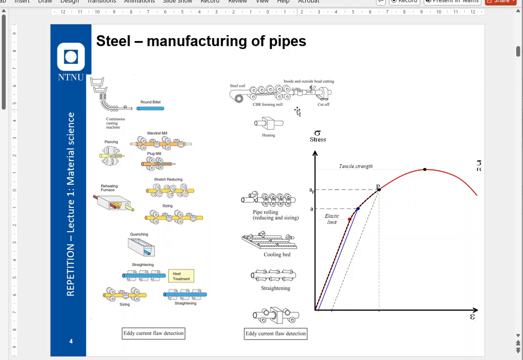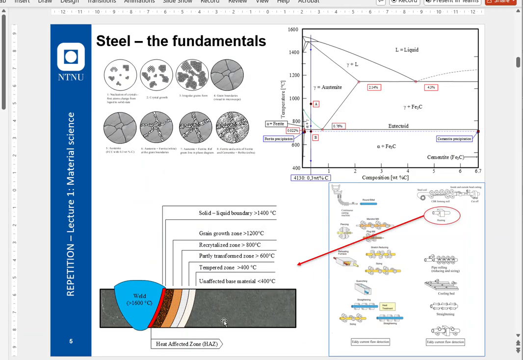We talked about seamless pipes being the most typical ones in the industry, whereas for the larger sizes, that's where we use the welded type. And also for pipelines, we have what is called line pipe. They are welded like this, plus they are welded together drum after drum when you lay down the pipe.